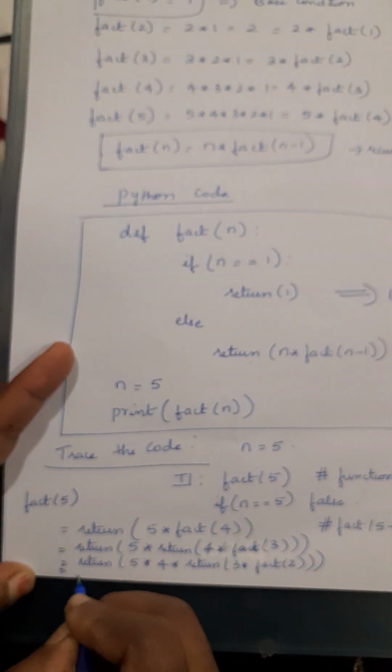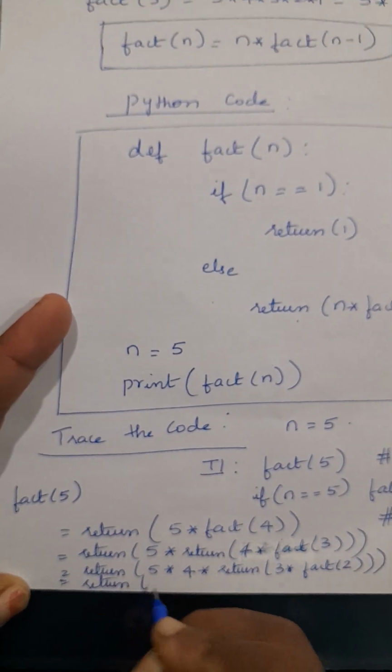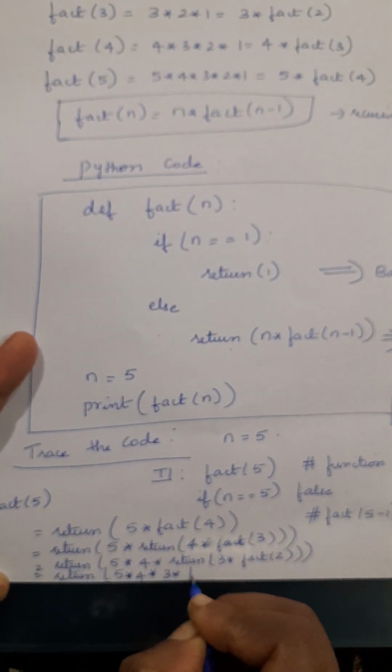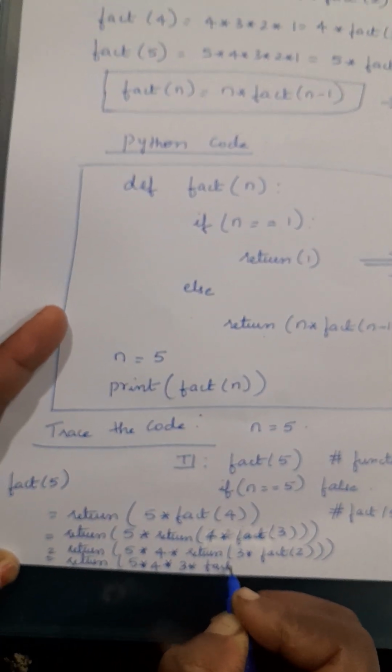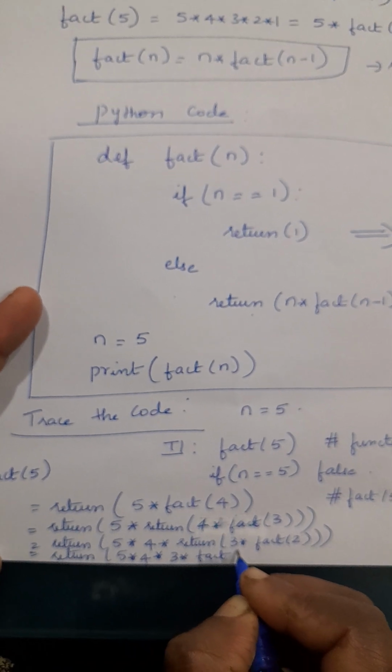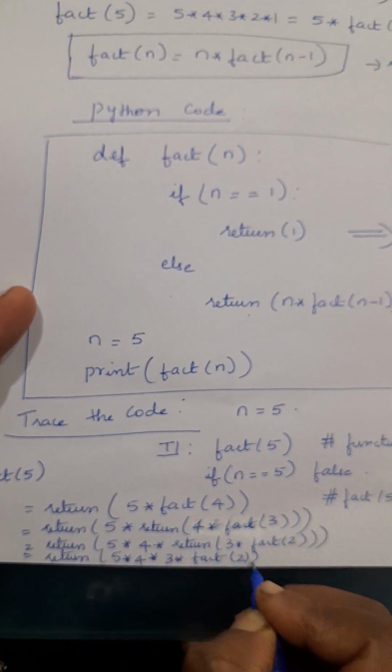Now, after this, it's again return 5 into 4 into 3 into fact of 2.